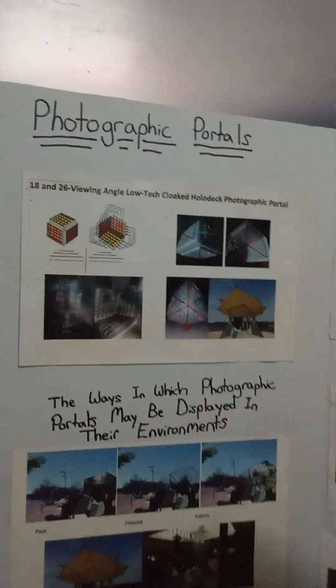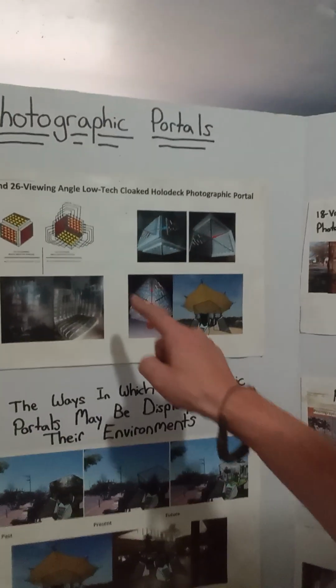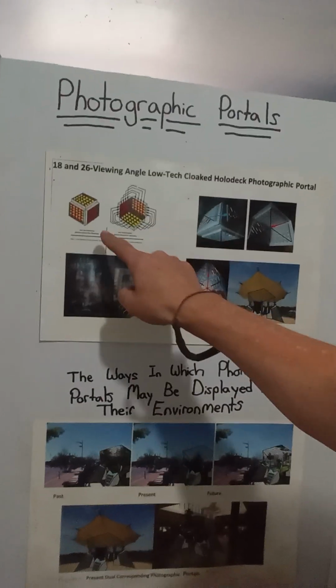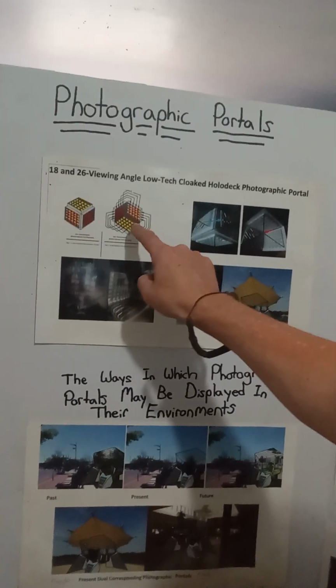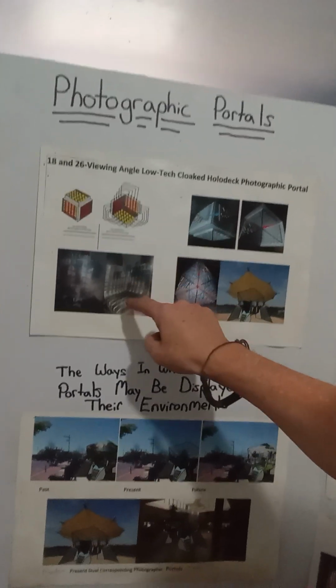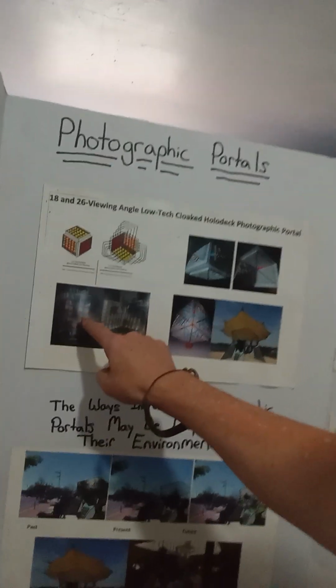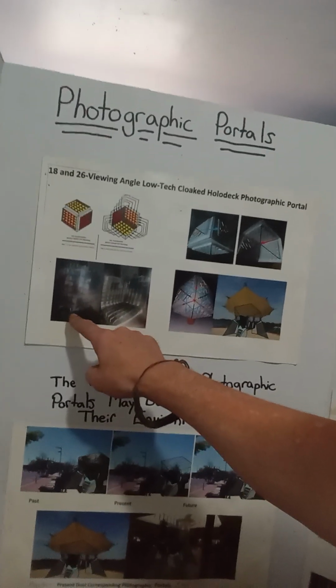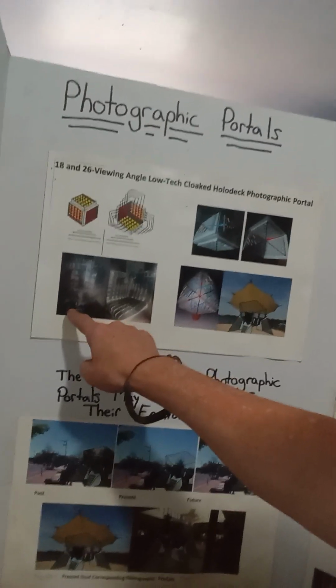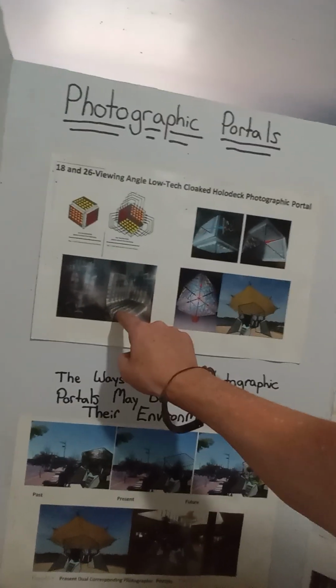But this is the basic explanation of the inverse relationship between an outside low-tech photographic invisibility and an interior low-tech holodeck interior. And I used the photographs of the downtown riverfront of Owensboro to show the inverse relationship.